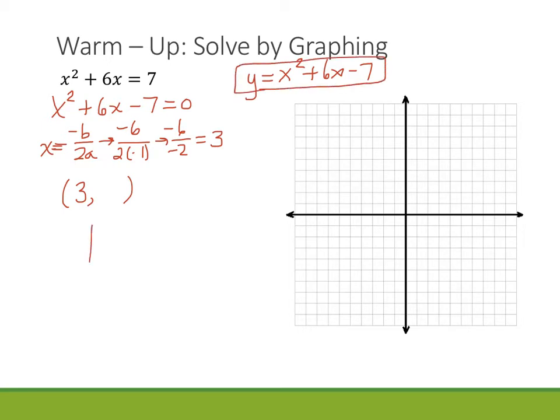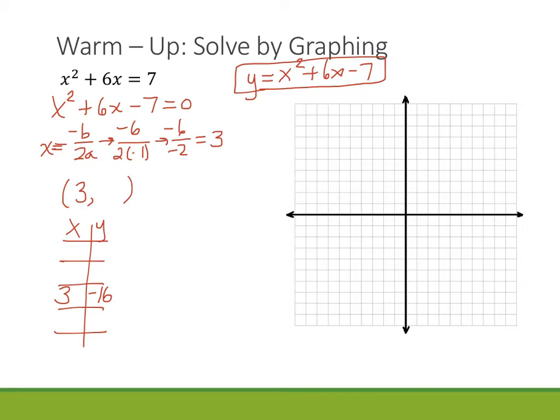Once you get a table set up, you can look for a value of 3 in the table, and you can get the corresponding y value of the vertex from the table of your calculator. Another way to get this, of course, would be just to substitute 3 in for x into the function. And if you do that, the output that you're going to get is a negative 16. So the vertex is 3, negative 16.